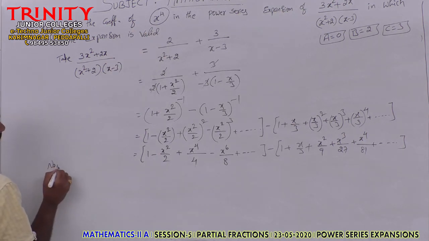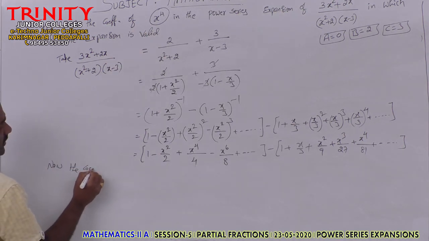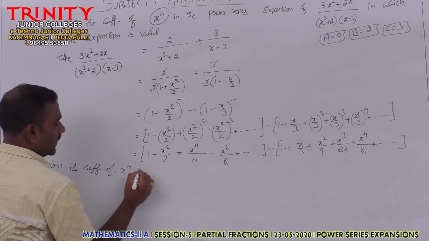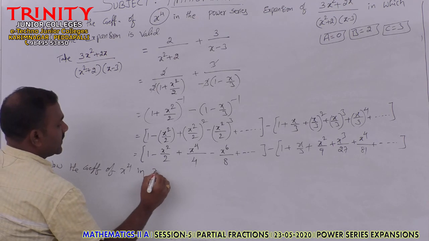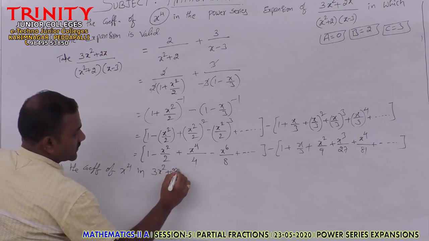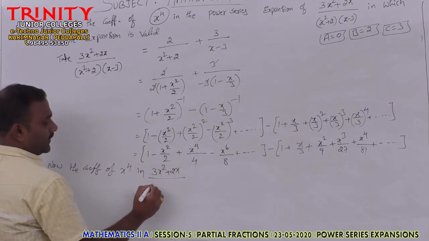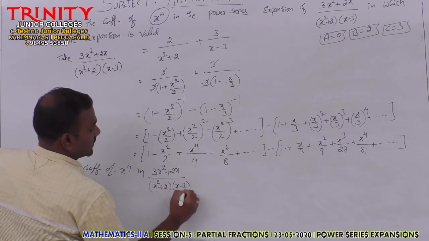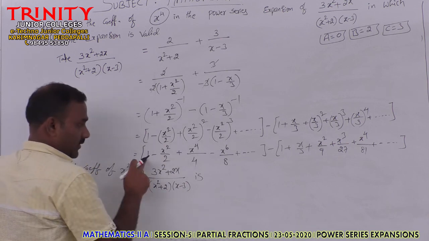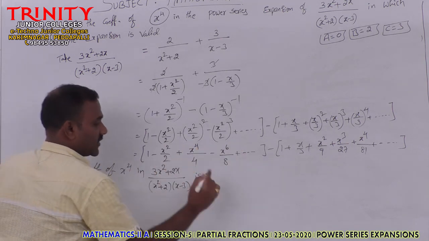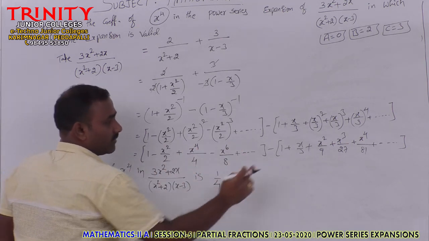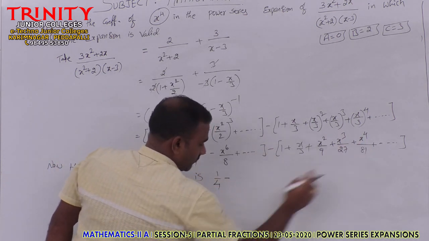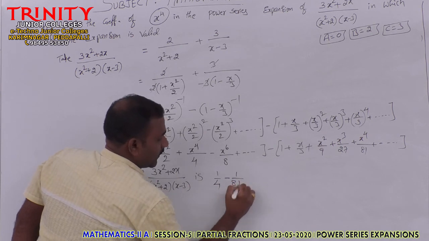Now the coefficient of x power 4 in the expression 3x square plus 2x divided by x square plus 2 into x minus 3 is: in the first, the coefficient is 1 by 4, minus, and in the second the coefficient of x power 4 is 1 by 81.